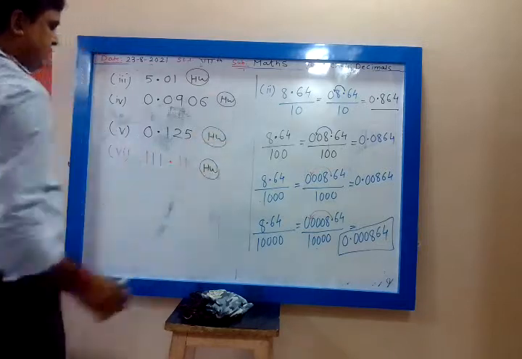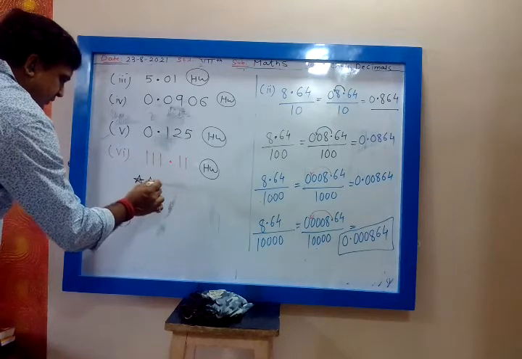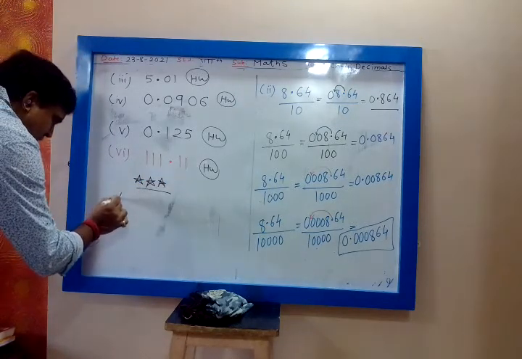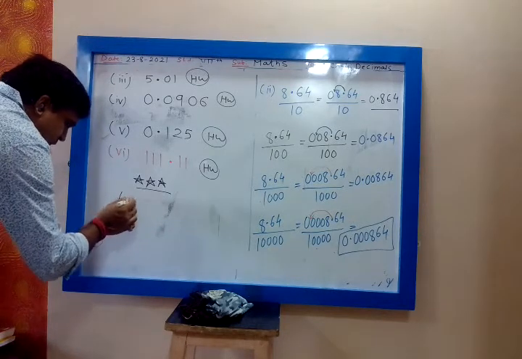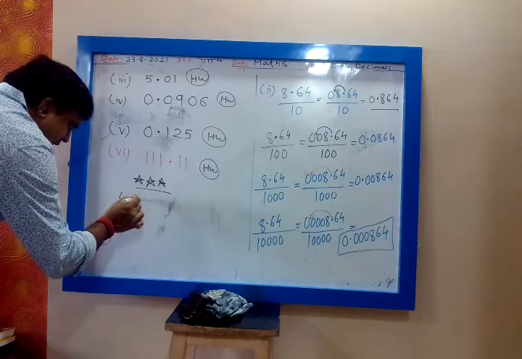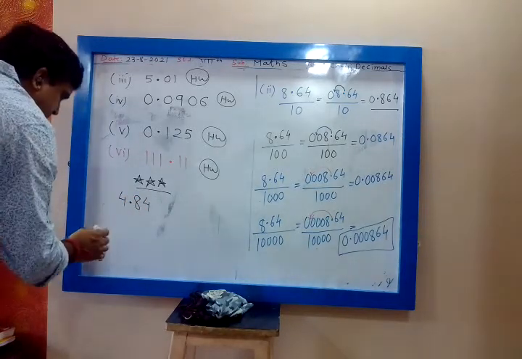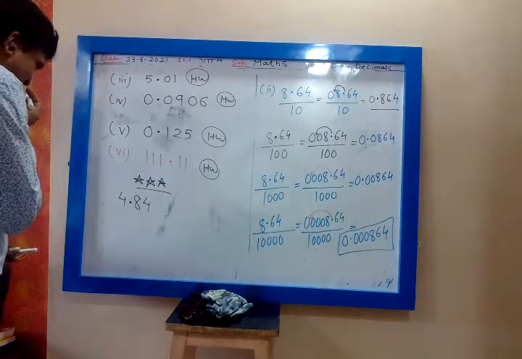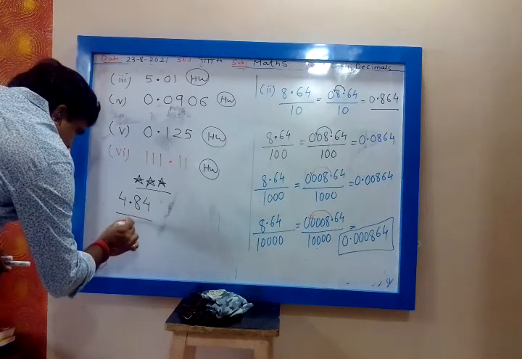Okay, homework. Now a 3 star question I am giving. 4.84 divided by 0.4.